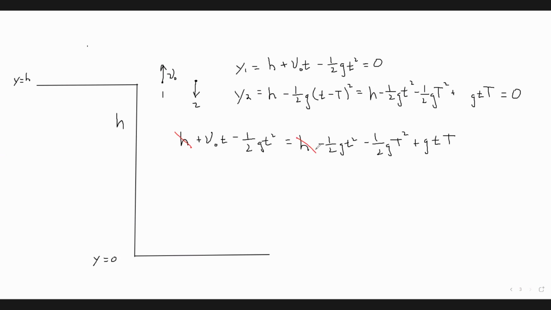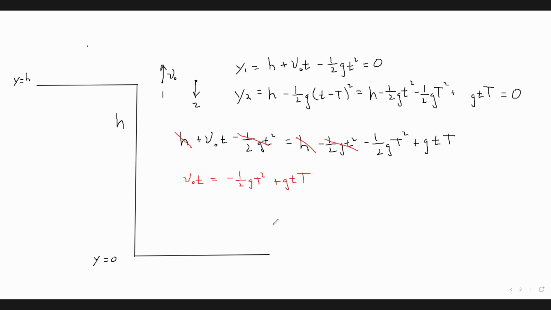H is eliminated. This term is eliminated here. And we end up with v0t equals minus 1/2 g capital T squared plus g little t capital T.